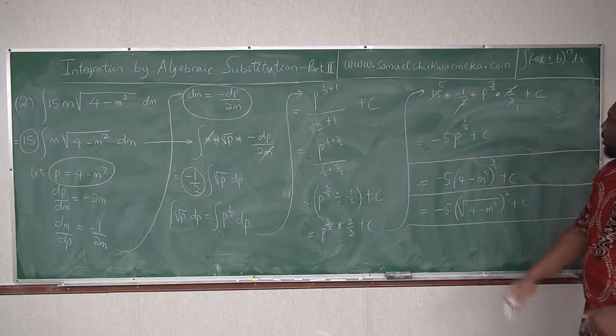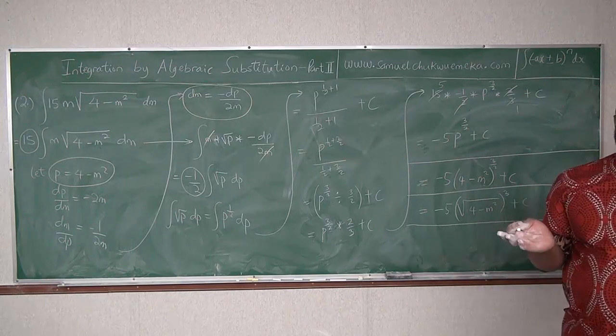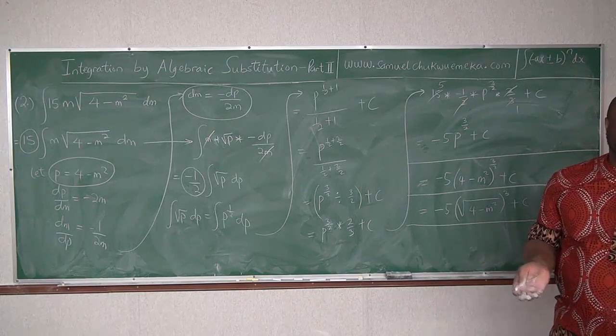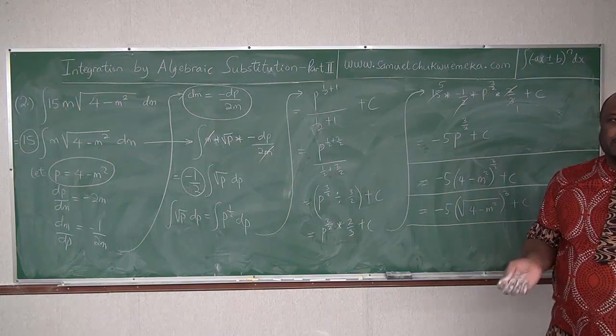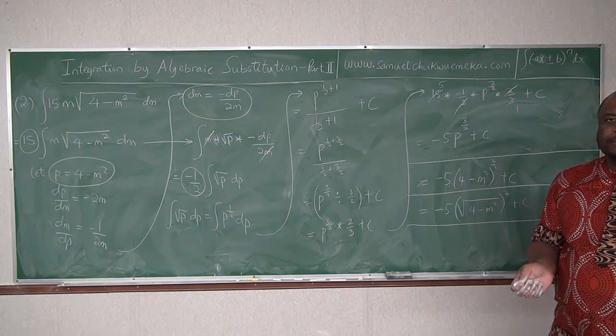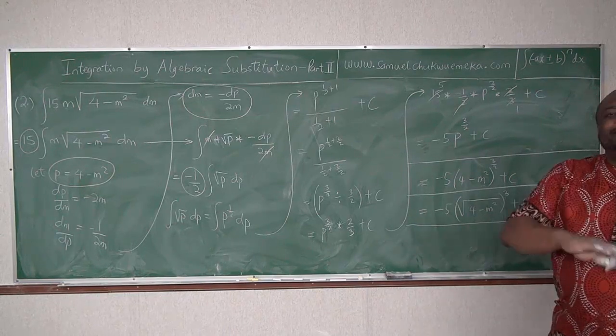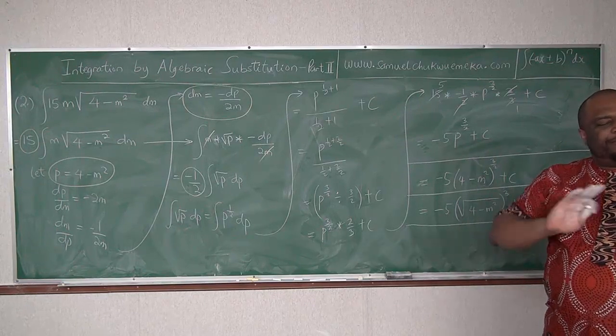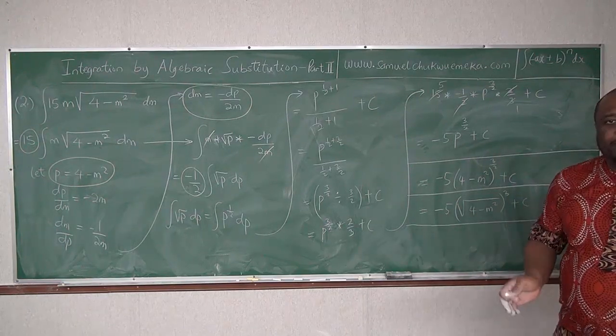Now, some professors will also take this. However, this is not the simplest form. So, I want us to do it in simplest form. And whatever your professor wants, give it to him or her.